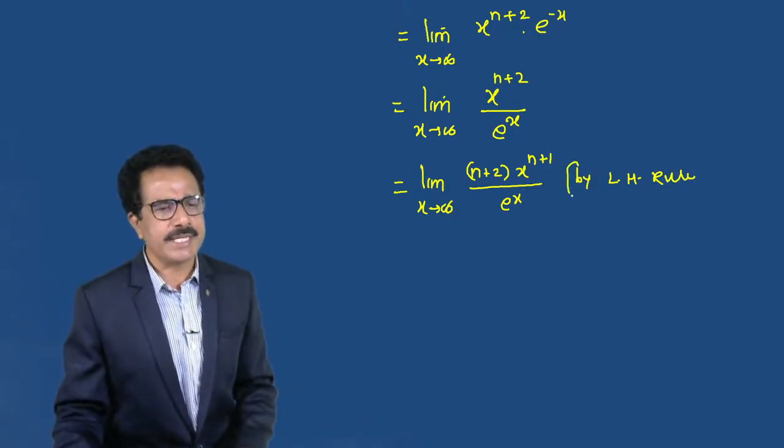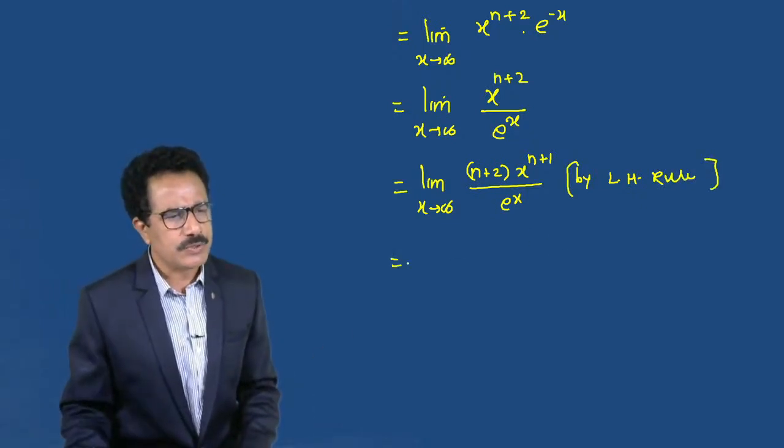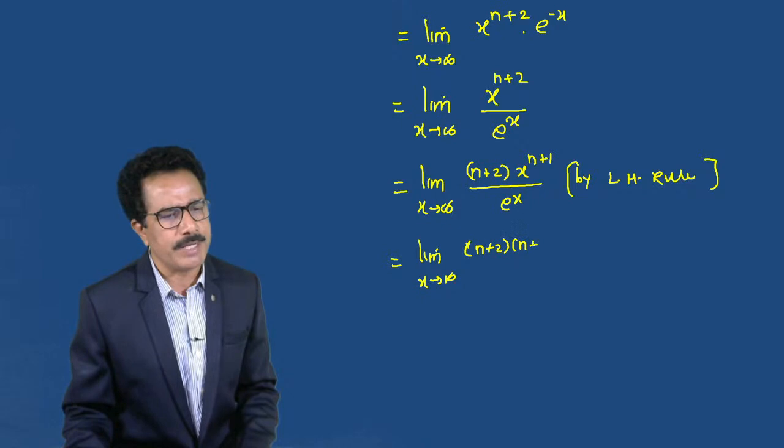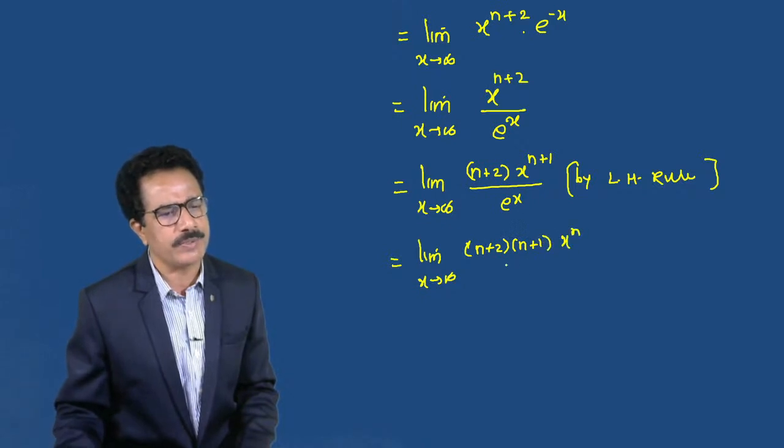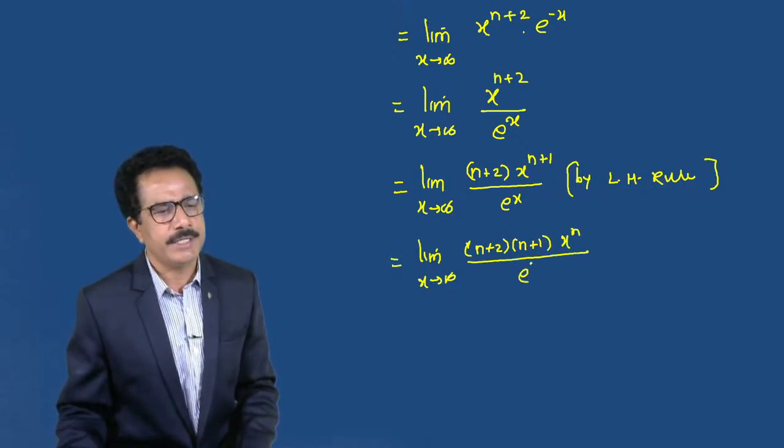Again you have to take the L'Hospital rule. So limit x tends to infinity, n plus 2 into n plus 1 into x raised to n divided by e raised to x.